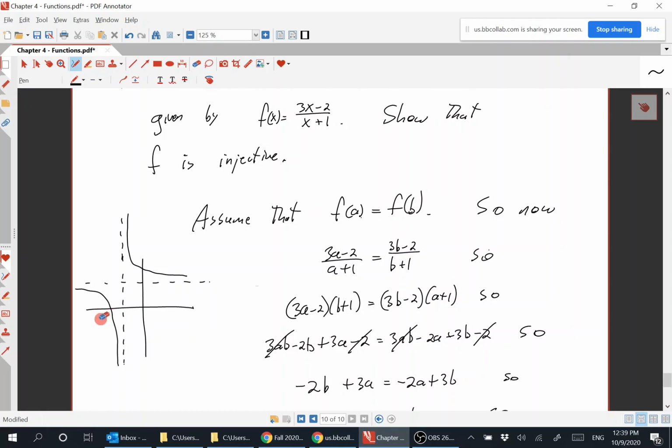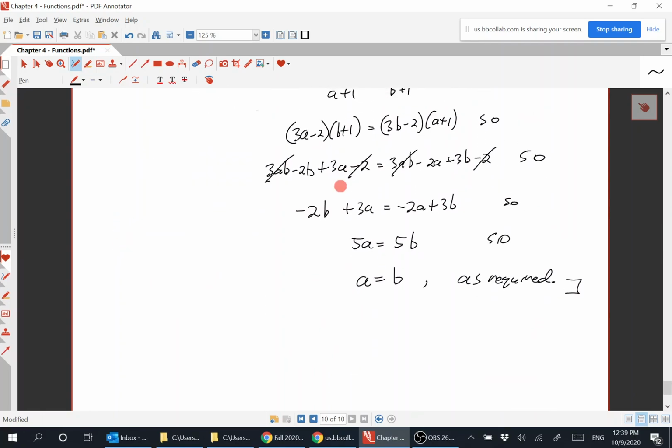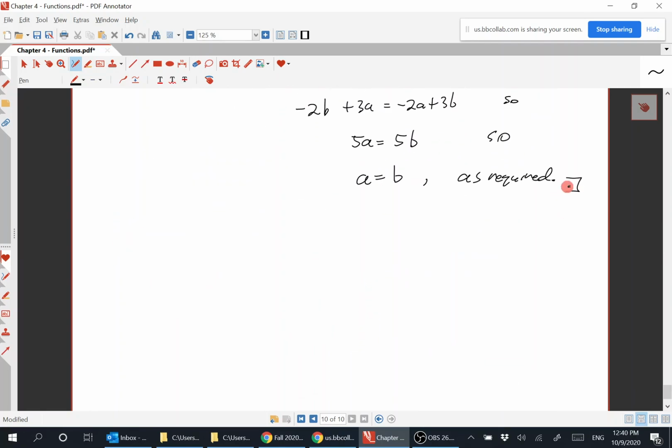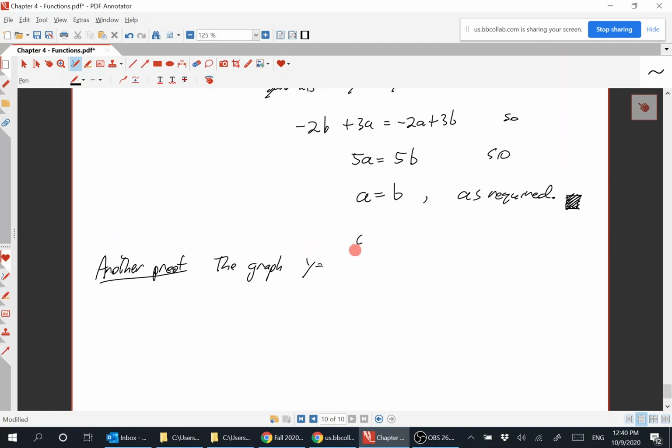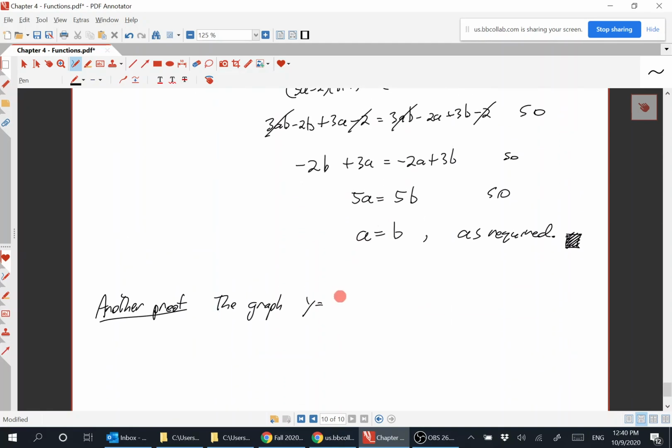All right, so let me write that down. The graph of the function y equals 3x minus 2 over x plus 1 passes the horizontal line test.